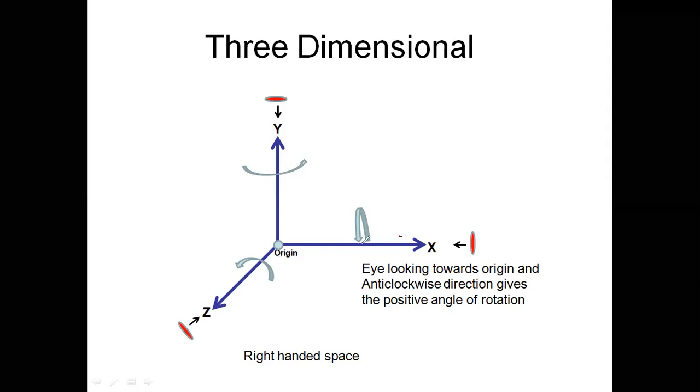So how do we find out the positive rotation? Simply, if we look towards the origin from any axis, assume that is an eye looking towards the origin, and the anti-clockwise direction will give you the positive rotation. If I look at the y-axis towards the origin, this is the anti-clockwise direction.